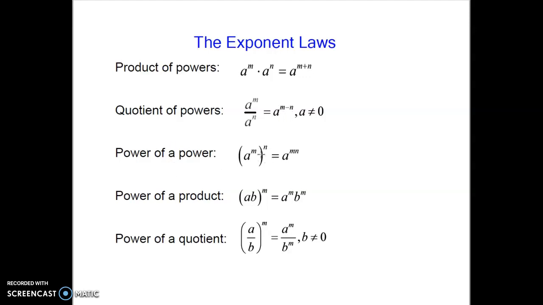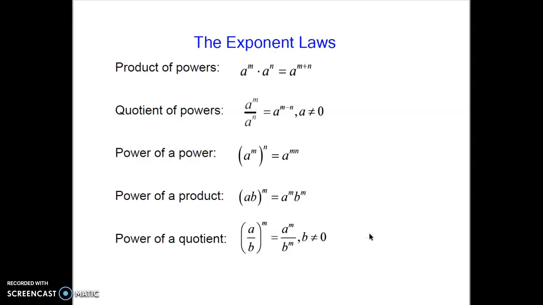If you see brackets around a power and then a power outside, we multiply them. So if it's a 2 and a 3, it becomes 6. So A to the power 6. Now a power of a product. The M is multiplied on the A and the B. See how it's A^M and B^M? In power of a quotient, the M goes on the A and the B.